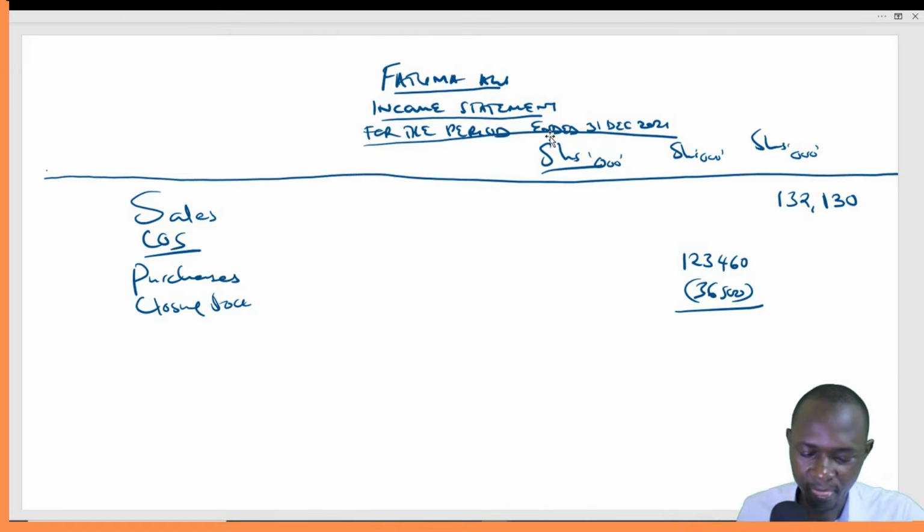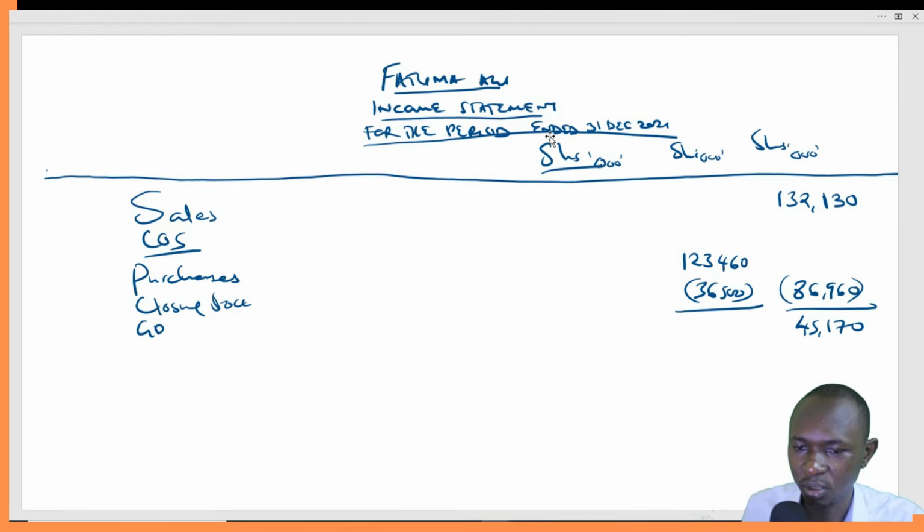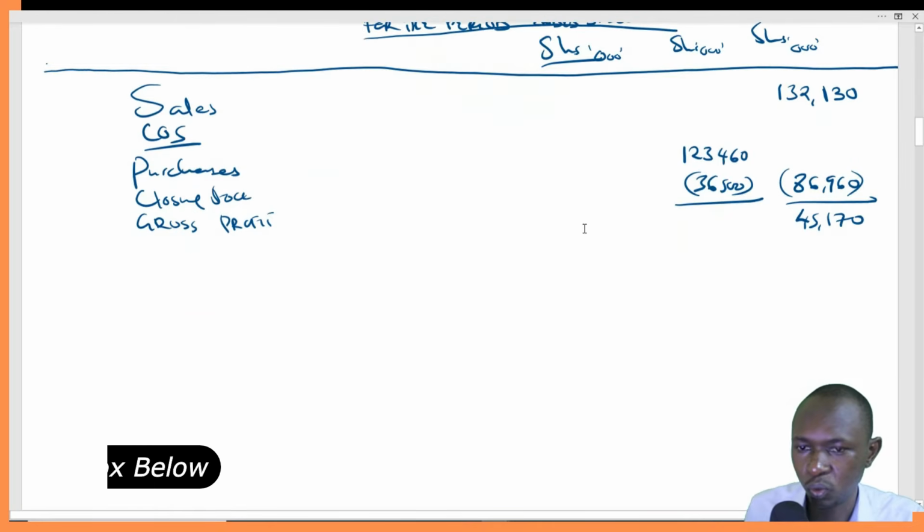What do we get? 86,960. Then we less that from 132,130. This gives us 45,170 as our gross profit. Gross profit, 45,170.